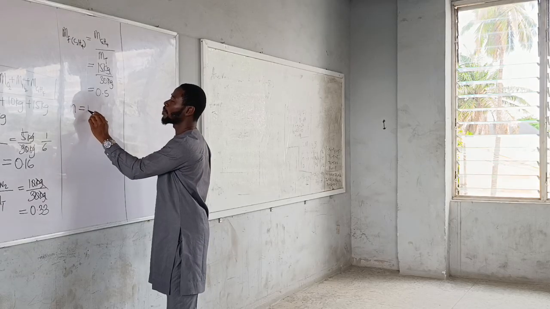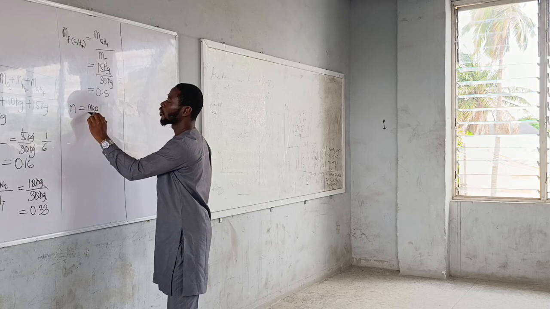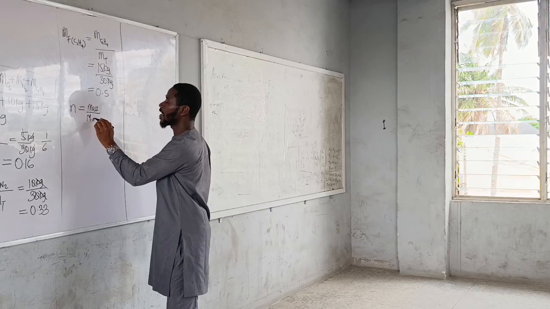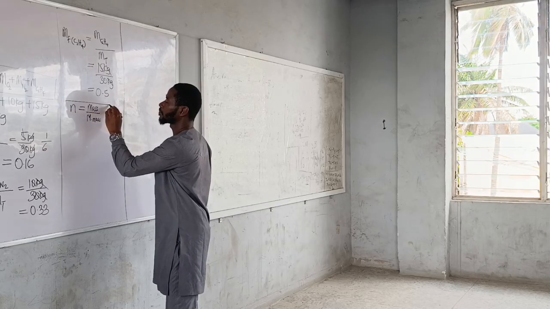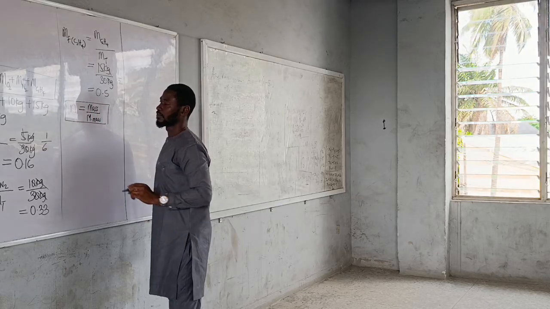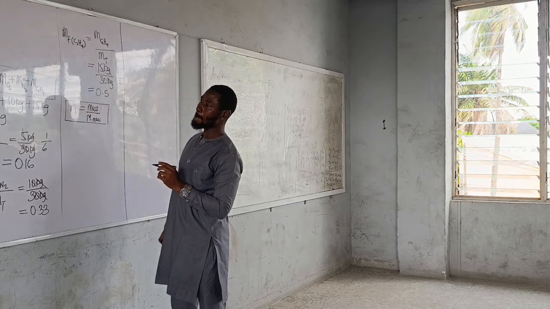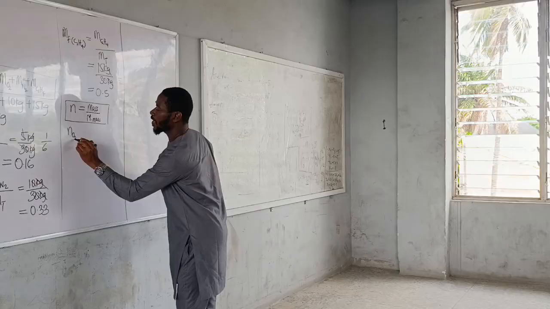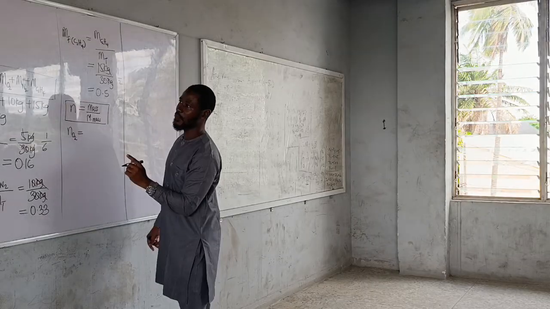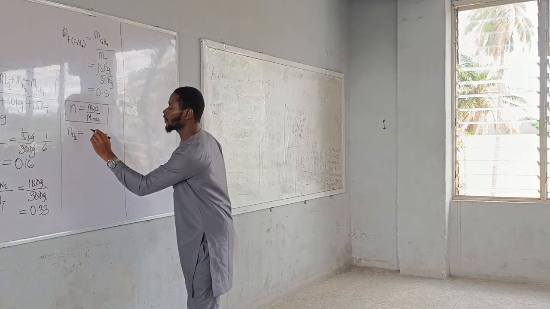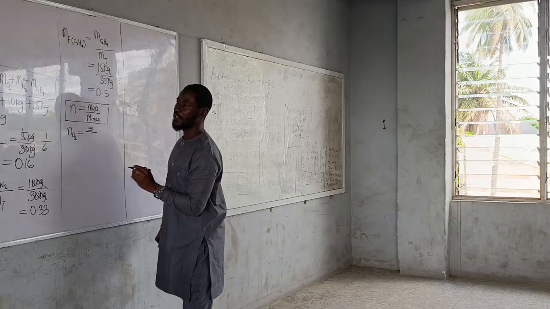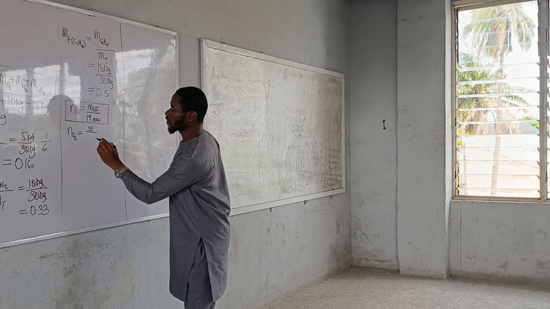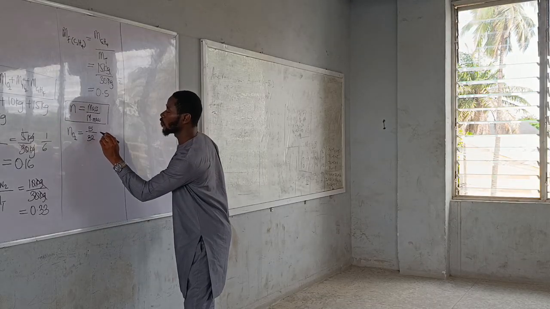Mole equals mass over molar mass. Now for oxygen, NO2 equals mass of oxygen 5 and the molar mass of oxygen is 32.